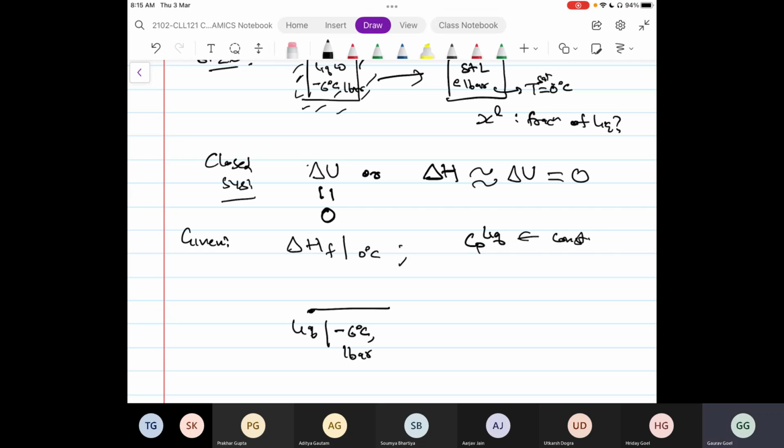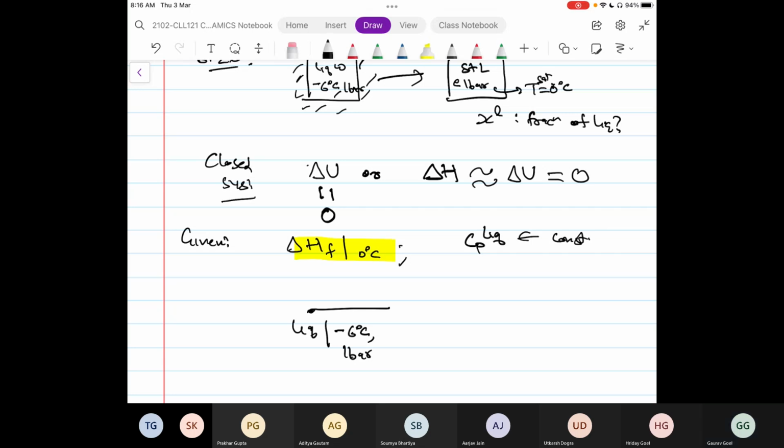If I do phase change at minus 6 degrees Celsius, I would need enthalpy of fusion at minus 6 degrees Celsius. But enthalpy of fusion is given at 0 degrees Celsius. Another problem is, if I cause the phase change at minus 6, I need the specific heat capacity of the solid also. That is not given. Specific heat capacity of only liquid is given.